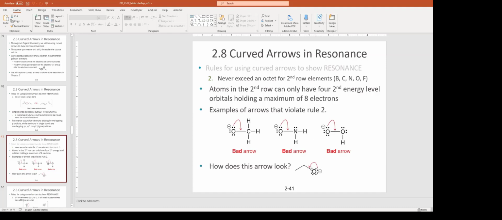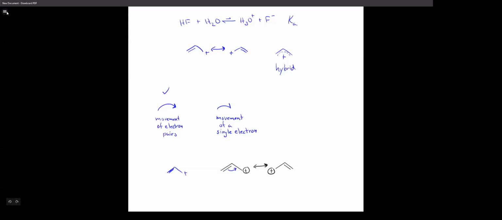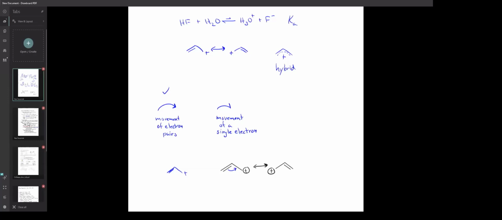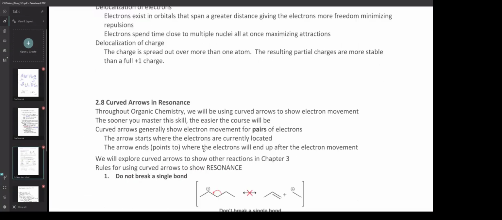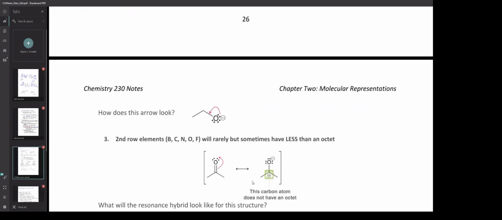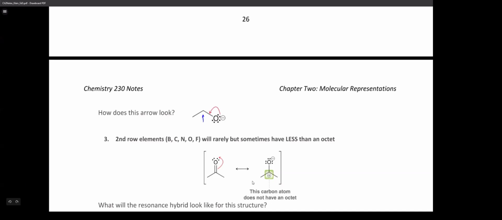This arrow looks fine until you do what? What do you need to do? It might look fine at first, but what's the problem with it? You have to remember the hydrogens. Don't forget the hydrogens. So how many hydrogens are on this carbon right there? 2. So that carbon has an octet.